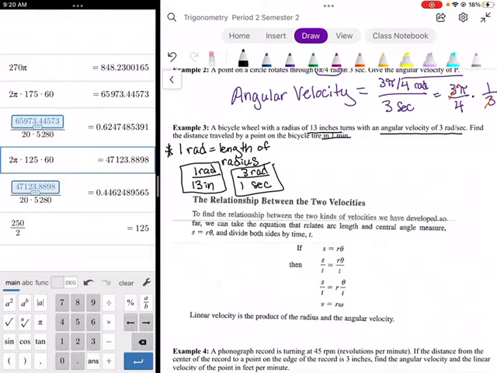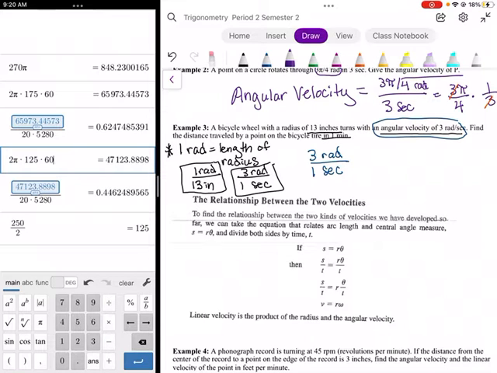So we need to change this to minutes. With this problem, you're going to always start with your angular velocity if they give that to you, or any type of velocity. So we're going to start with 3 radians per second. And we're going to start doing unit conversions. So we're going to be multiplying by stuff.